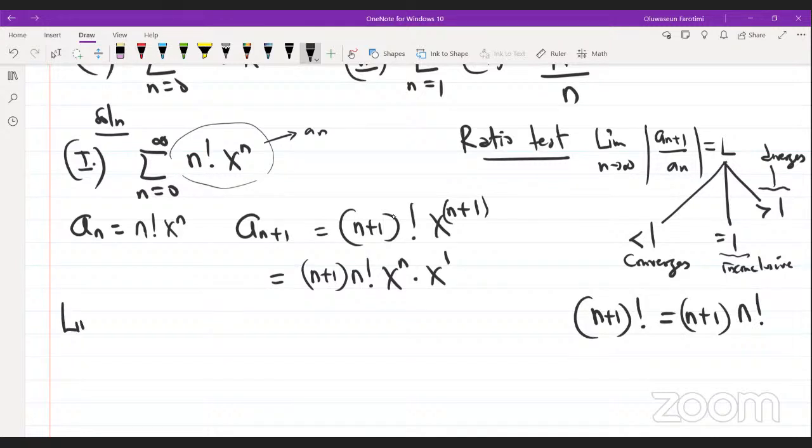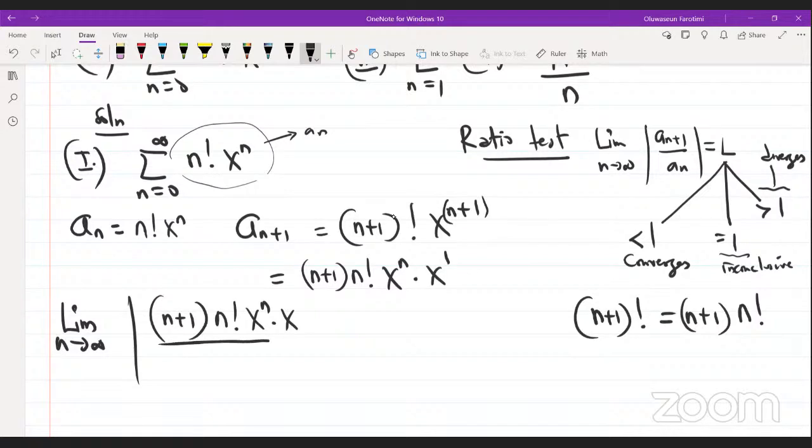Okay, so let's get down to the limit. As n goes large, this is n plus 1 times n factorial, x to the power of n times x, all divided by a sub n, which is n factorial x to the power of n. Interesting, so some things can cancel.